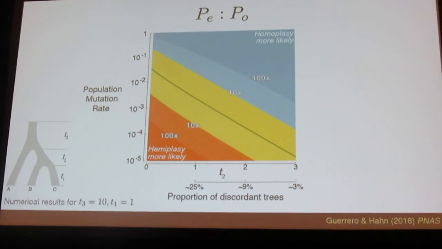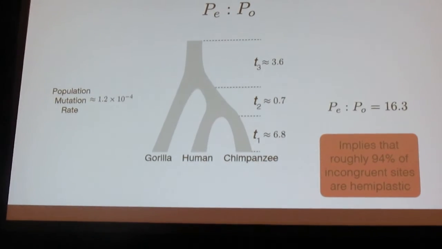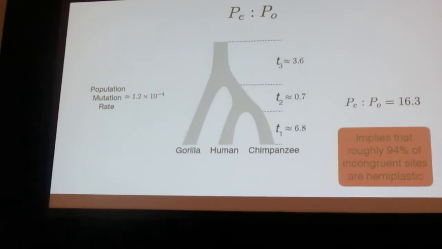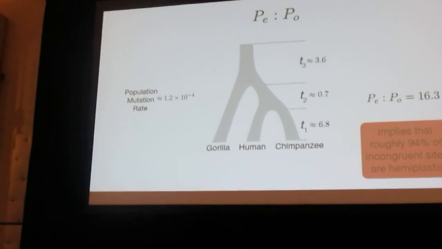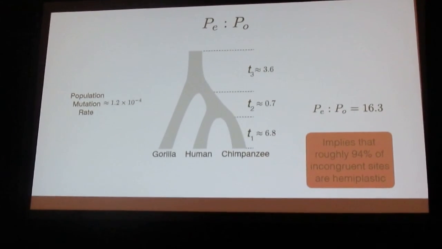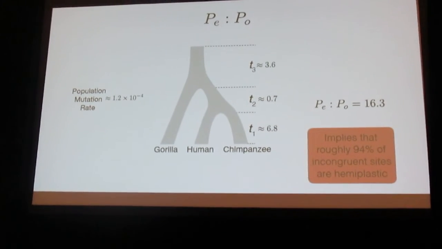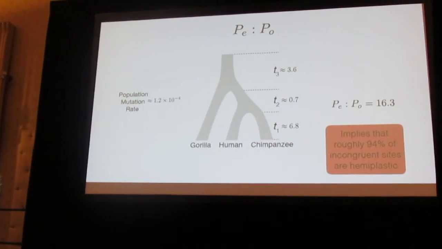All right, maybe a second way of seeing the value of this ratio would be to walk through, or use, parameters that we know are real. So we can take the human, chimp, gorilla trio and plug in the values that we have inferred from molecular data and actually use the mutation rates that we have for nucleotides.